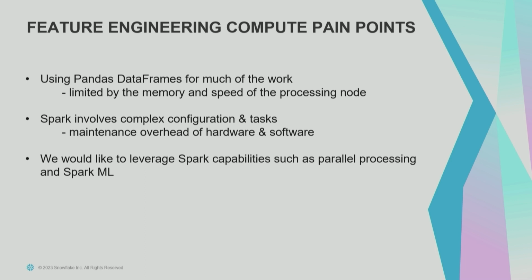There are data scientists who use Spark ML purely for the flexibility of distributed processing. And what we want is to have the best of both worlds from these 2 approaches. At the moment, we don't have that. There is a large overhead in maintaining our Spark clusters.